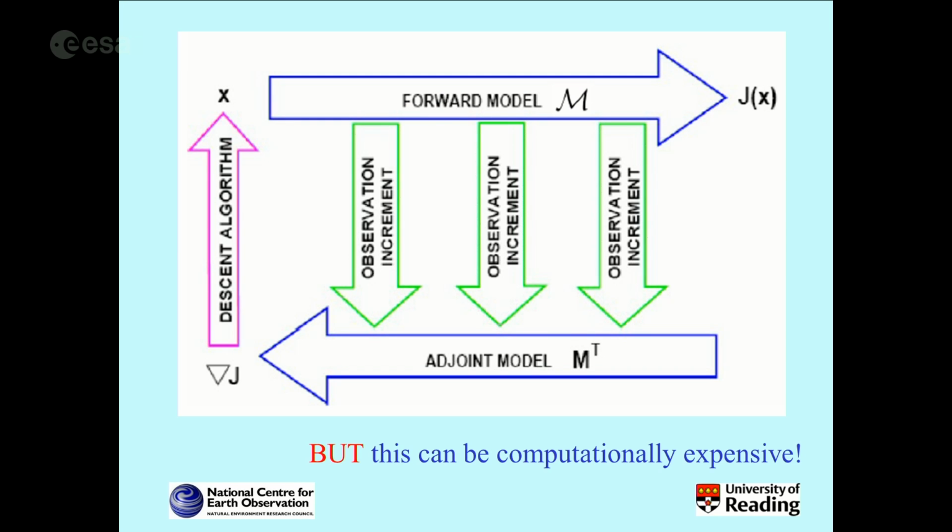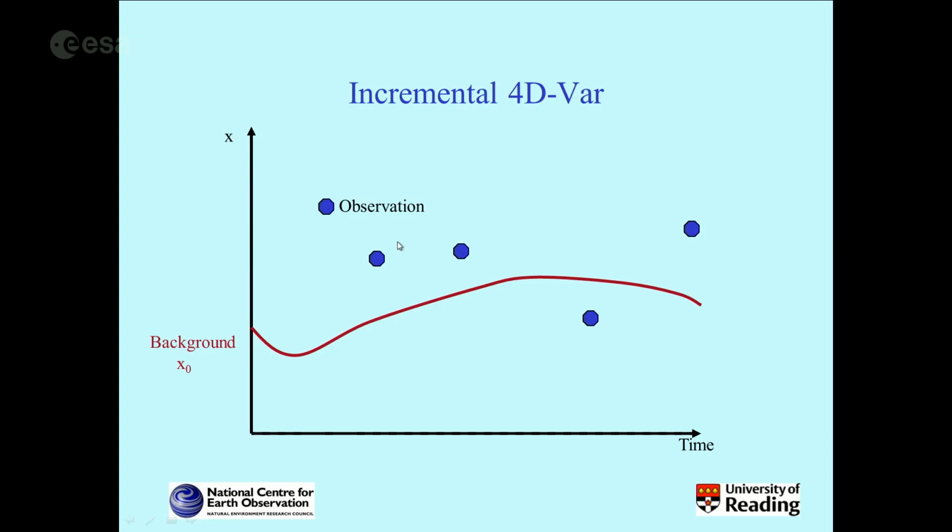Can we make this a bit cheaper? Well, there is one way of doing it, and this is really what allowed people to do things operationally. If we go back to the system we had before, we have the observations over the time window, and we have some background.